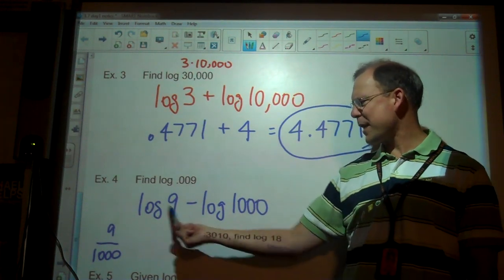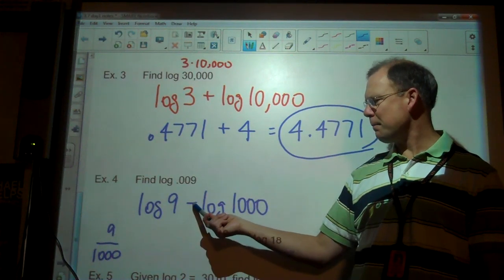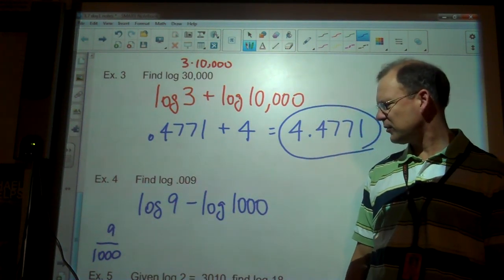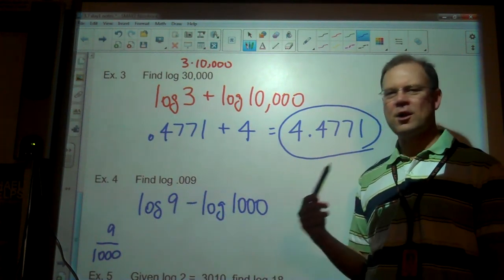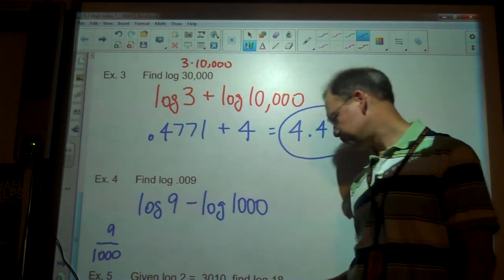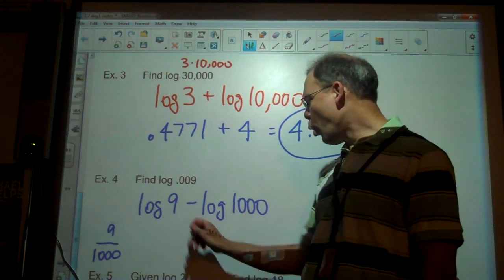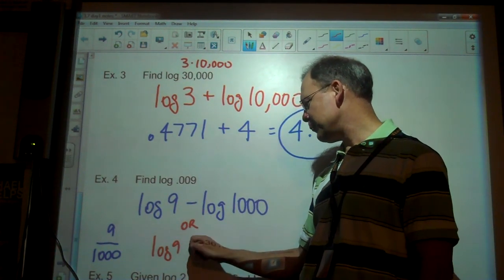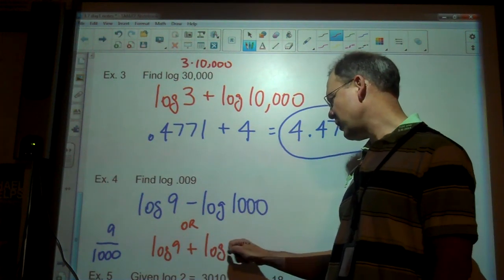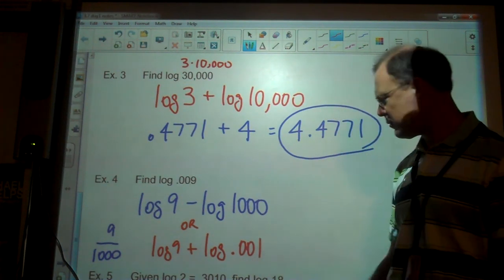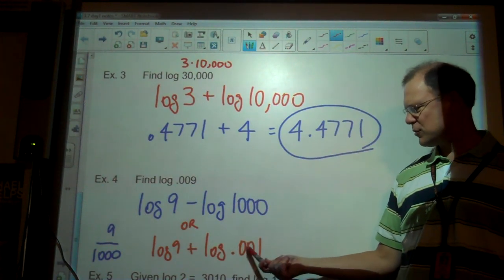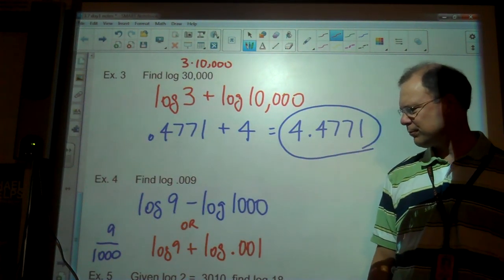So this is the quotient property, when you divide you subtract logs: log of 9 minus the log of 1,000. Or I guess if you like the product property, you could do the log of 9 plus the log of .001. 9 times .001 is .009.